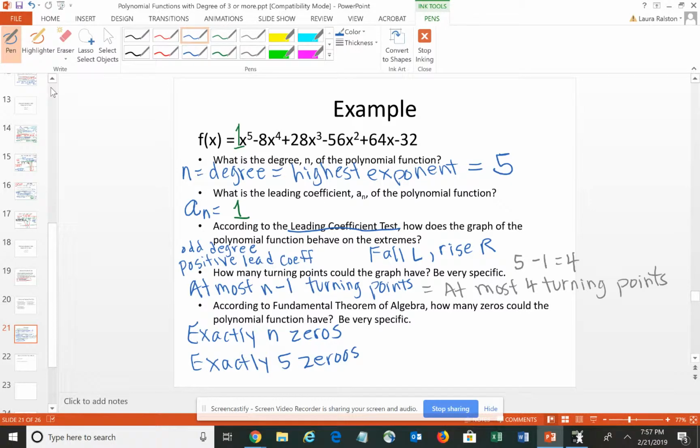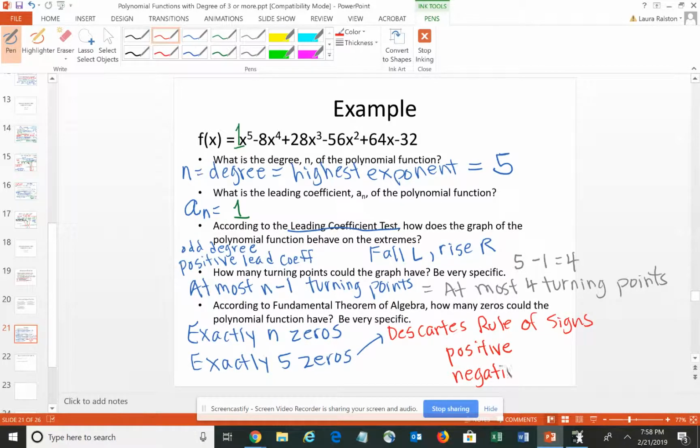Then we can use Descartes' rule of signs to help us determine how many of those zeros are going to be positive and how many of them are going to be negative. To make that decision for positive, we go back and look at the original function as it was given to us, and we count the sign changes.